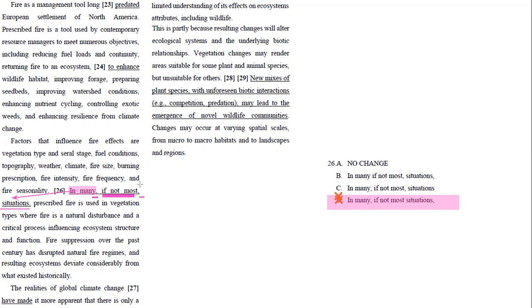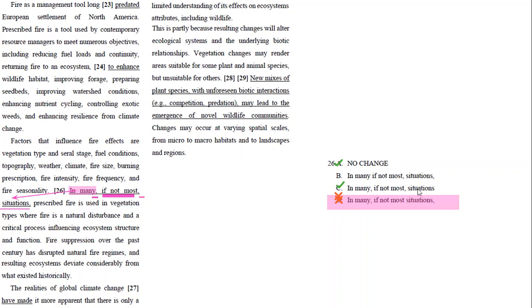So I need this to be outside of the comma, and so that's why your answer is going to be in many, if not most situations, prescribed. So it could be A, or it could also be C. Why? Because this is going to be an introductory prepositional phrase.